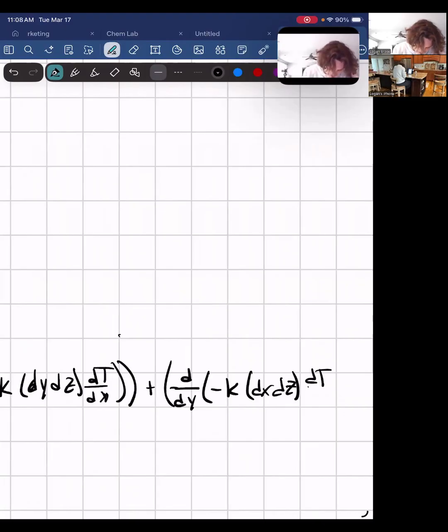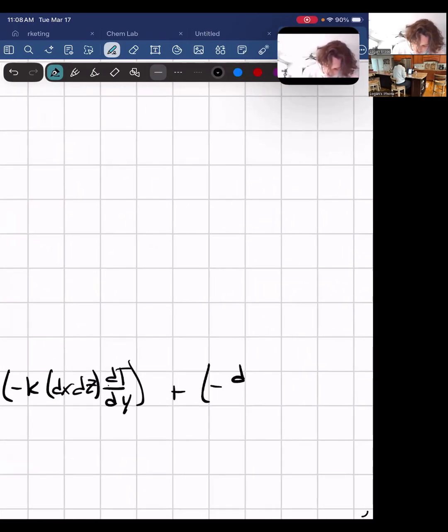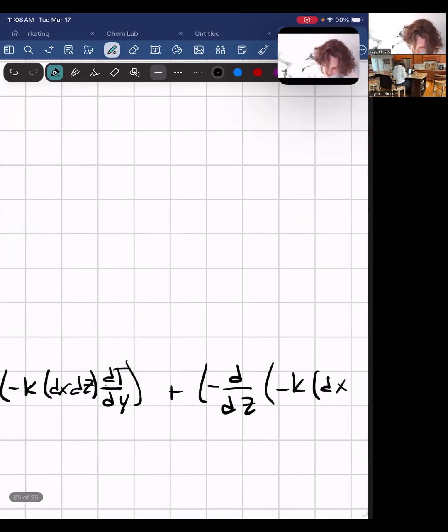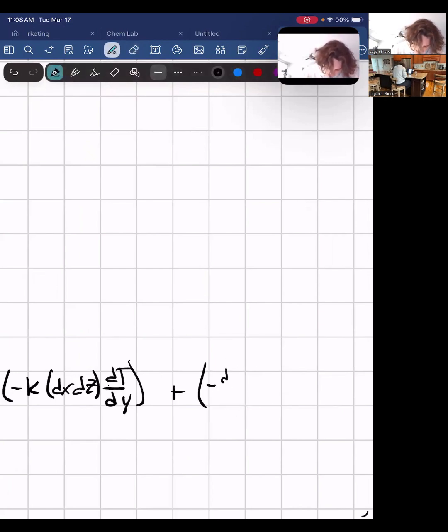Oh, this should be an x, sorry. And this is dy. And then our z direction, of course, the exact same, minus d/dz of minus k dx dy dT/dz.